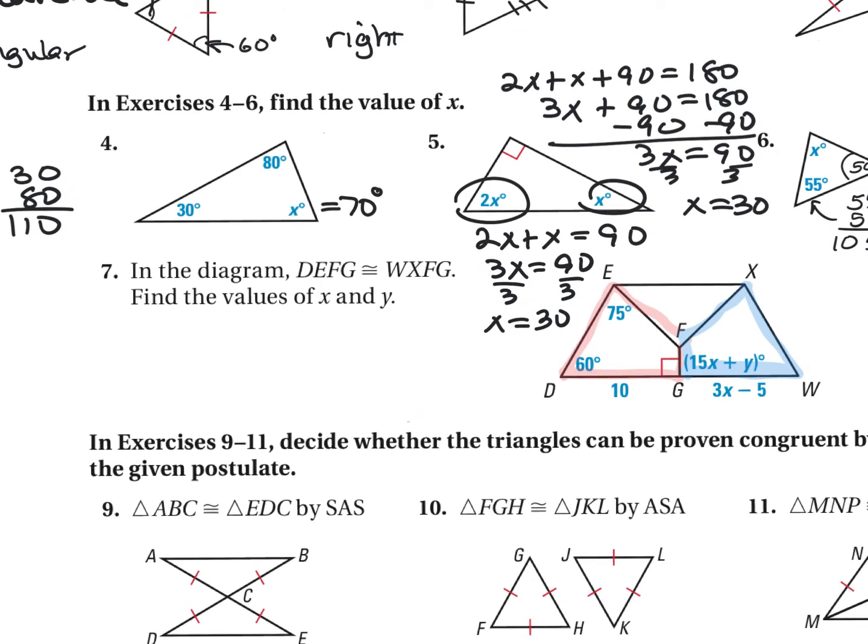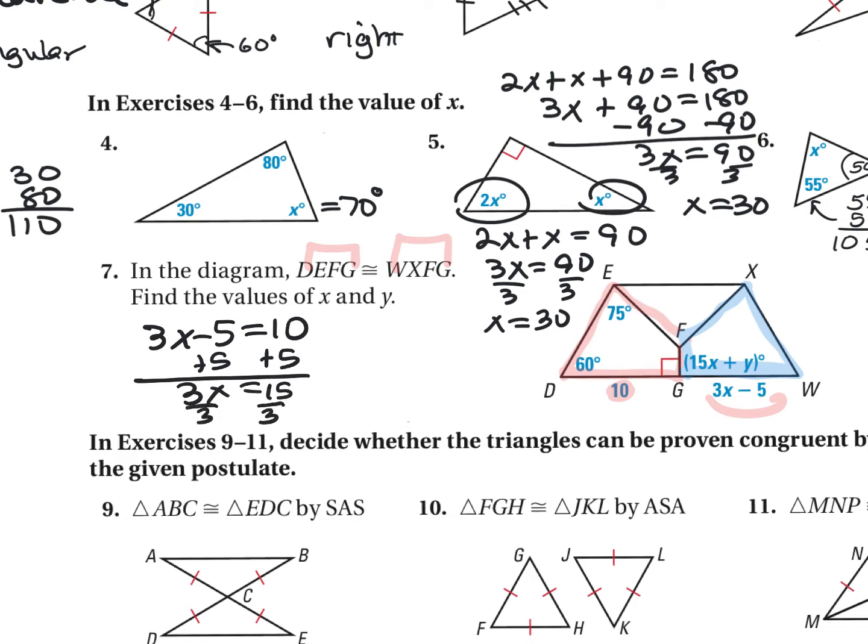So notice here, I've got side DG, this bottom one, where the 10 is going to be set equal to WG, which is this one right here. So to find x, I'm going to do 3x minus 5 equals 10. I'm going to add 5. 3x equals 15. Divide by 3, and x equals 5.